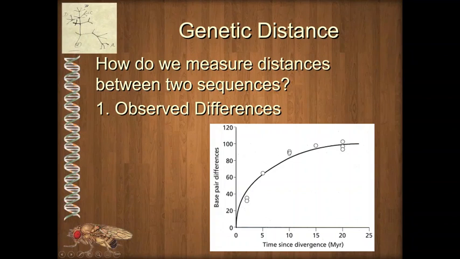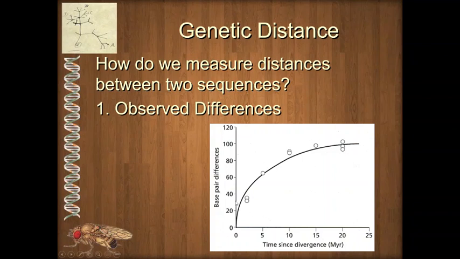And so we end up with what we call a saturation curve. As more and more mutations occur, it becomes less likely that we have a brand new site with a new mutation, because there have been so many mutations that occurred. We're going to have more and more convergent mutations, more and more back mutations, more and more secondary mutations, all covering it up. And so we end up with saturation.